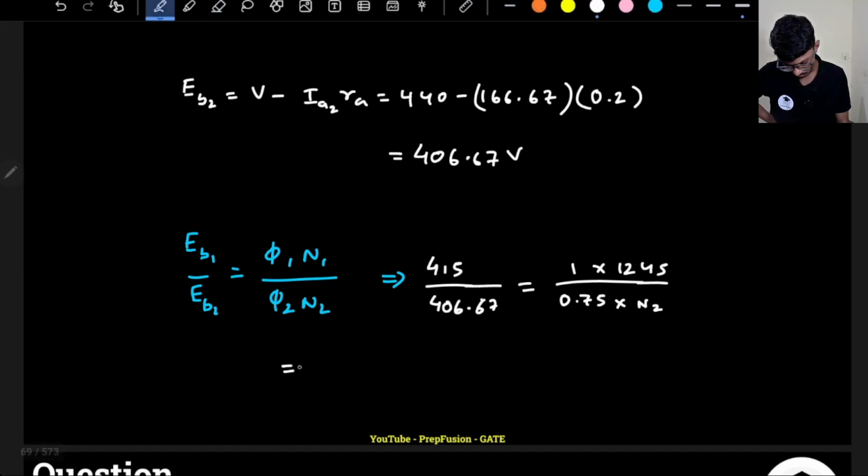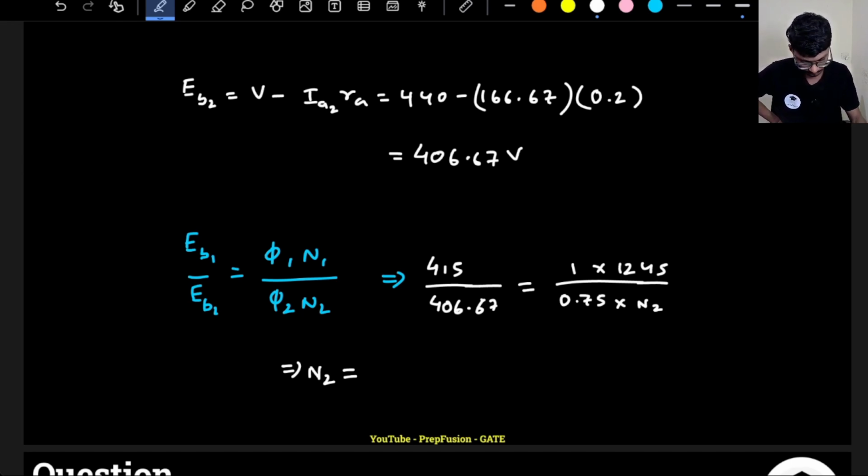So n2 will basically be this divided by 406.67 into 0.75 divided by 1245. Okay, somewhere I have messed up something. Yeah, this is where I messed up.